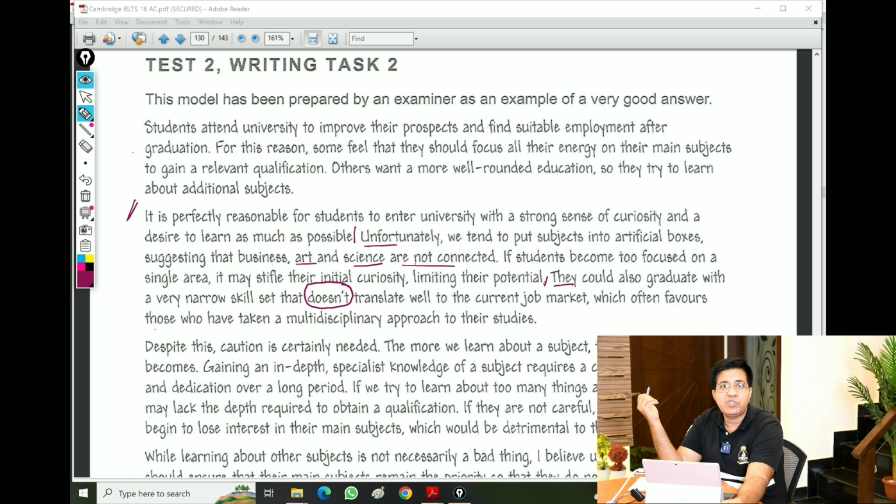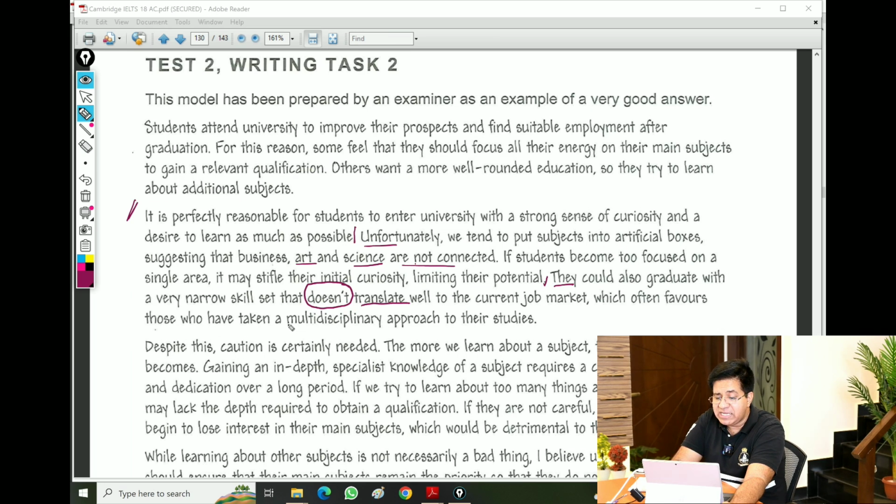But this examiner has used the contraction, so that's okay. But you should write does not. Skill set that doesn't translate well. Good use of the words translate well.